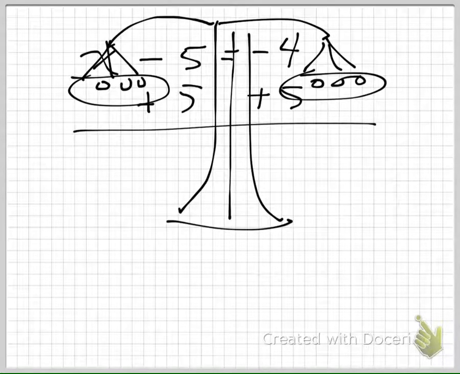So if I take away 1 rock from this side, I have to take away 1 rock from that side, and it will stay balanced. If I add 10 rocks to one side, I have to add 10 to the other side. That's the whole thing about an equation: it's got to stay balanced.